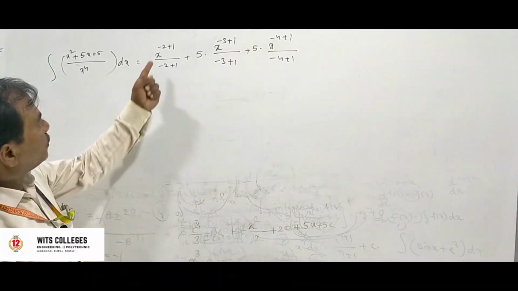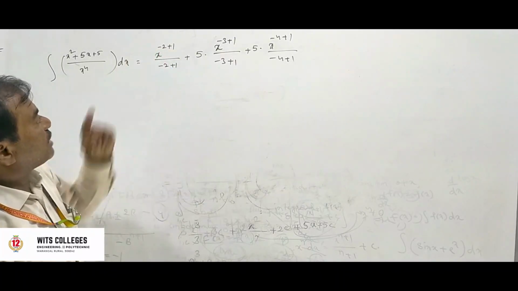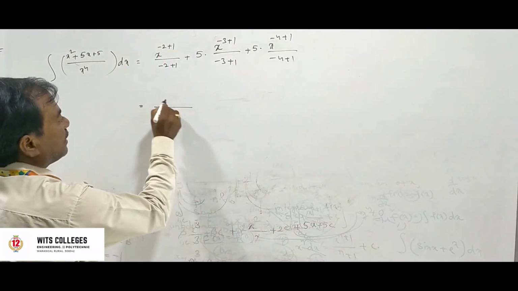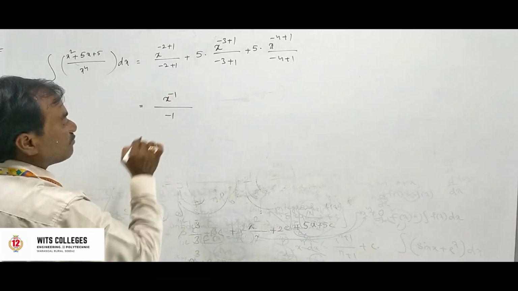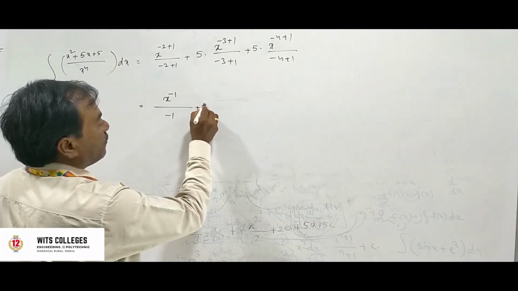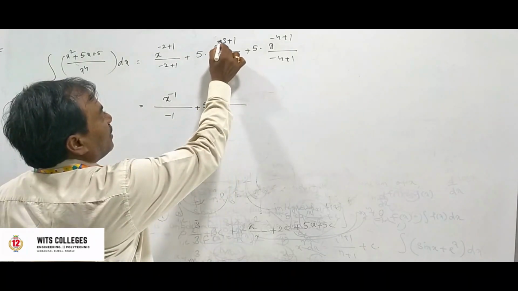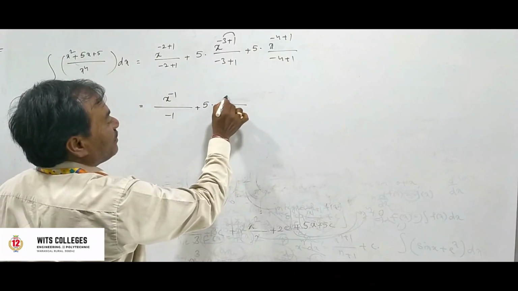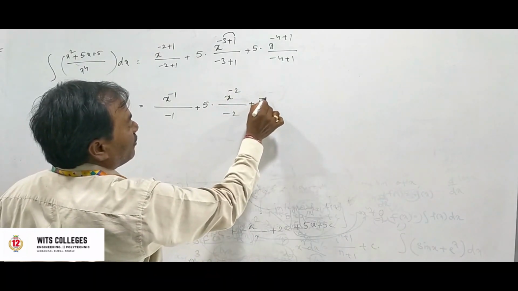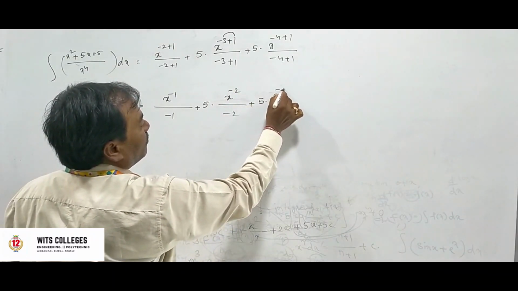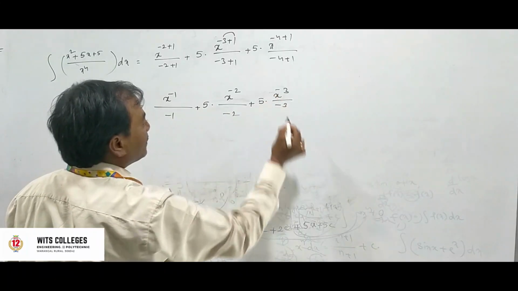So therefore x to the power of minus 2 plus 1, x to the power of minus 1 by minus 2 plus 1, we are getting minus 1, plus 5 into x to the power of minus 3 plus 1 means x to the power of minus 2 by minus 2, plus 5 into x to the power of minus 3 by minus 3.